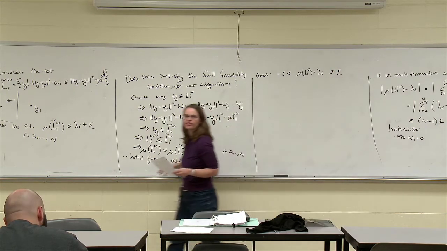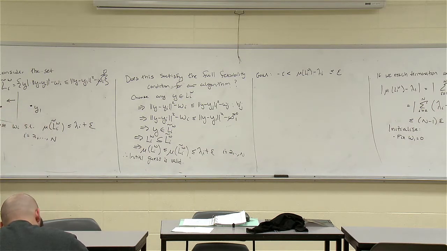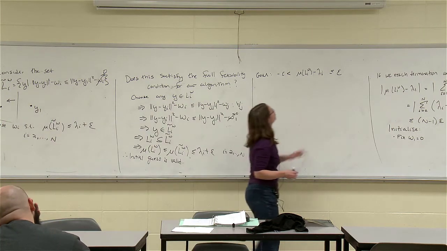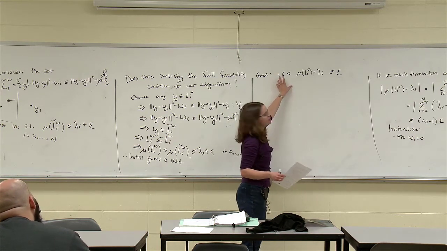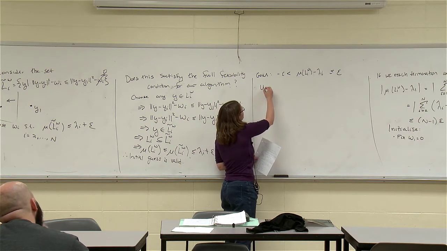I'll write it like this. It's not that terribly critical, whether it's strict or non-strict inequalities. One direction we always have. We're going to require our algorithm to always preserve this one direction, and we're going to hope that we end up with this direction. So here is our update rule.